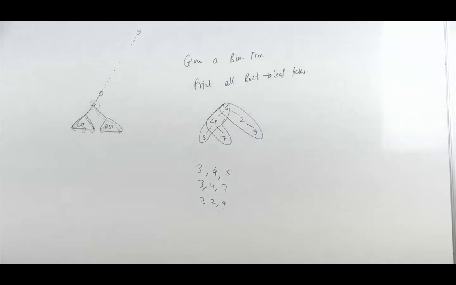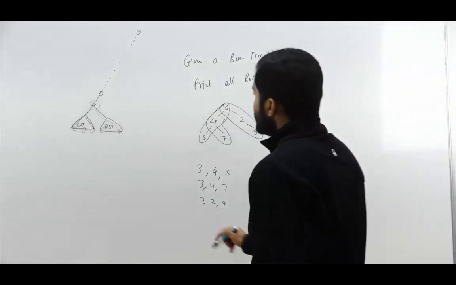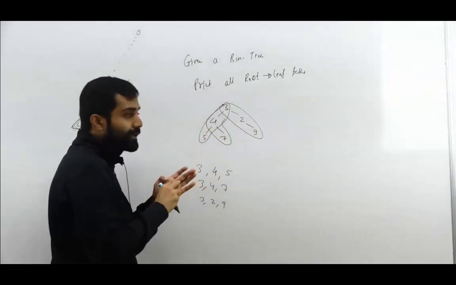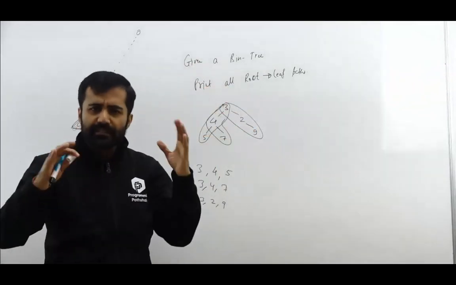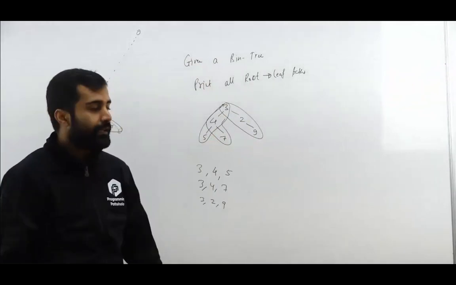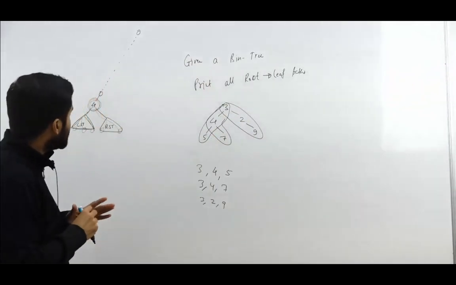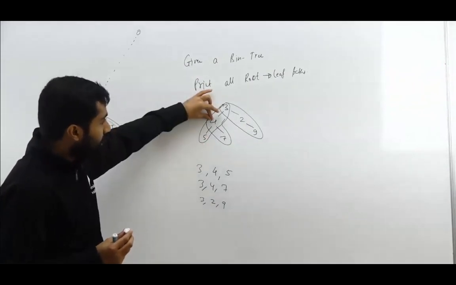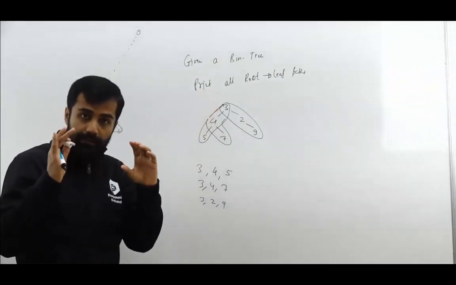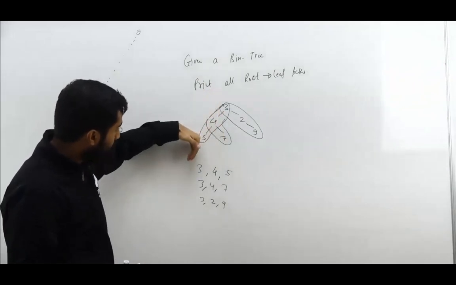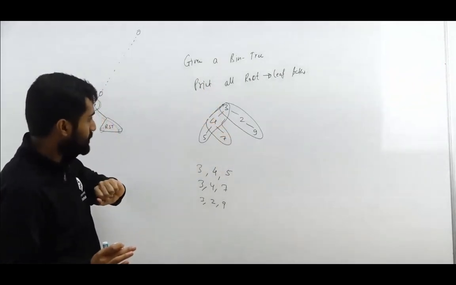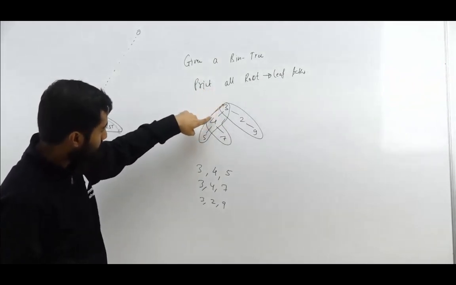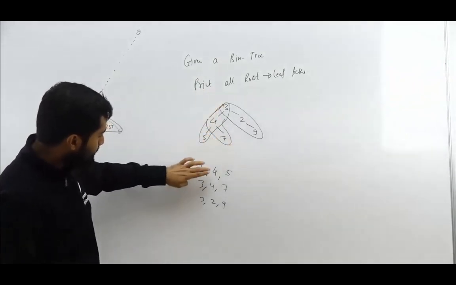Right? Okay. So it means that if I am at a node, let's say I am doing a recursion on this tree. I'm visiting the nodes one after the other, and I'm doing that using recursion. So if let's say I am at 4, then it means that all the paths that cross 4 will have 4 in them. So how many paths are there which cross 4? This is one path, this is another path, and both the paths have 4 in them.